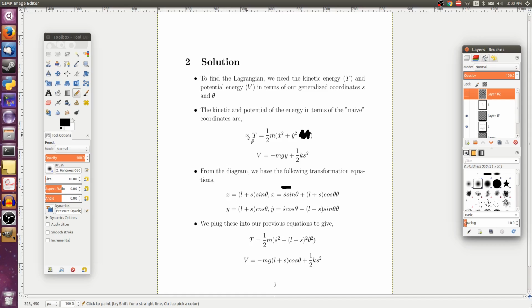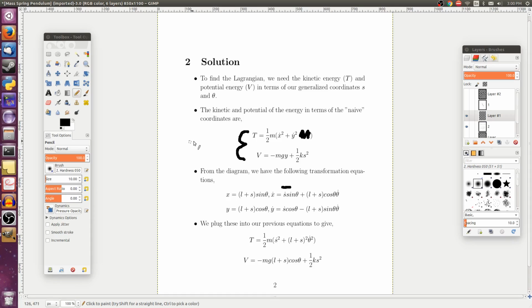So we need to work on getting this kinetic energy and this potential to be independent of each other. So we need our coordinates to be independent of each other. So we're going to need some transformation that's going to turn x's into some function of s and theta, and our y's into some function of s and theta.